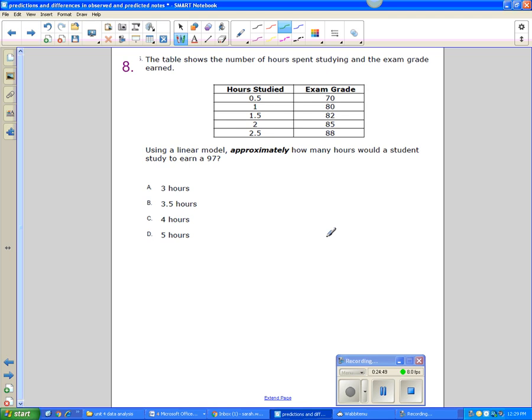Number 8, the table shows the number of hours spent studying and the exam grade earned. Using a linear model, approximately how many hours would a student study to earn a 97? Okay, you put it in stat yourself.